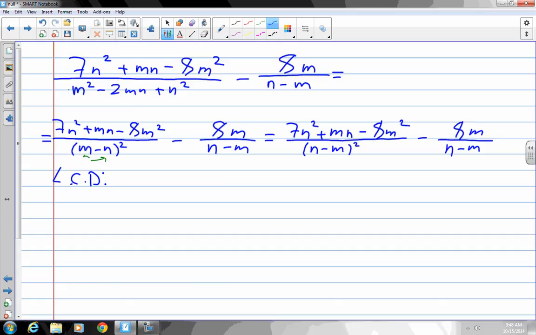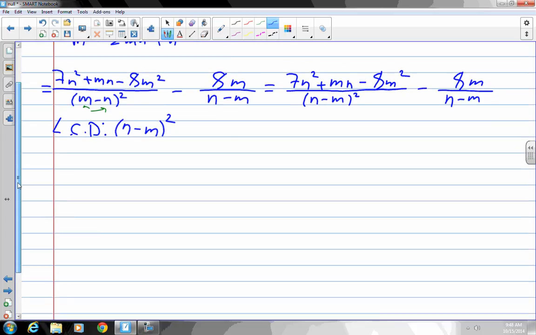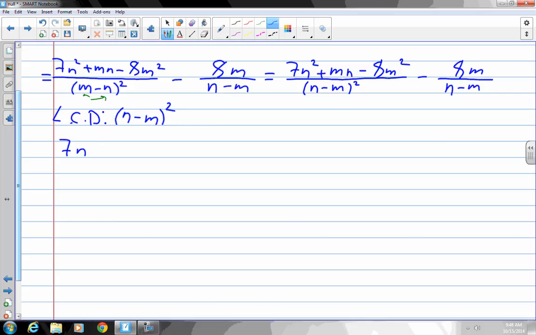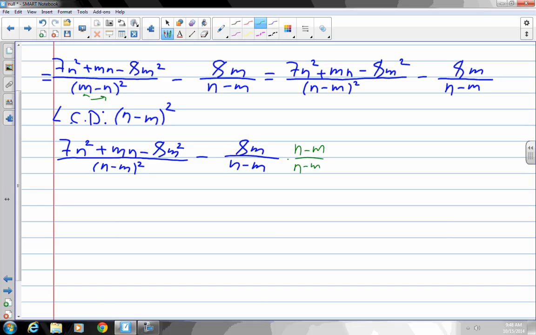You have two factors, you take the highest power, so it's n minus m squared. So that means the first fraction is happy, it already has the denominator. What is the second one missing? How am I going to make the second denominator into the LCD? Right, so you just multiply by what's missing, which is another factor of n minus m. So this way it's n minus m squared.